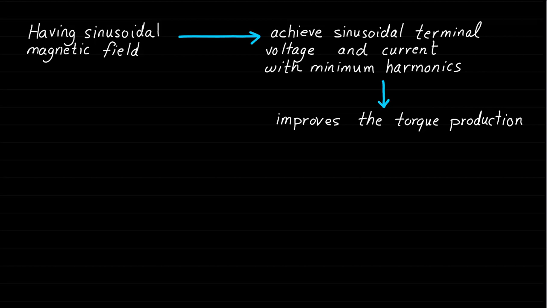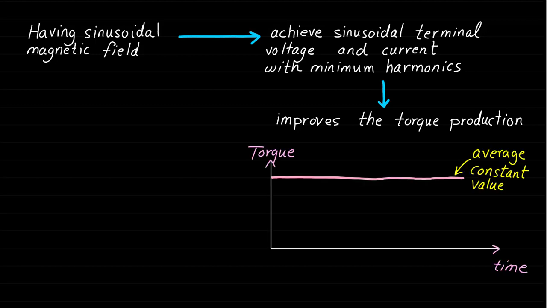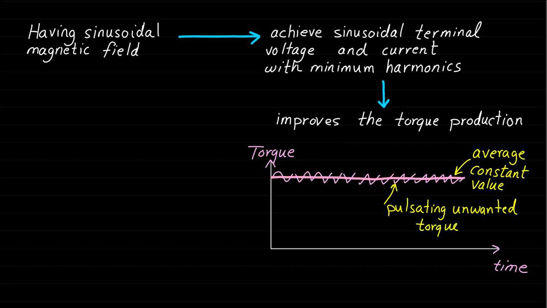It should be noted here that the ideal output torque generated by the machine is an average or constant value. So any component on top of the average generated torque can be called pulsating torque components.